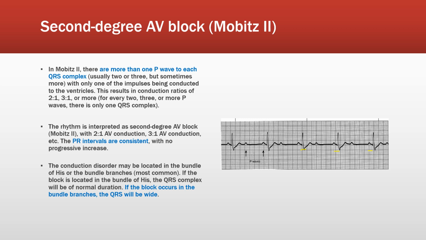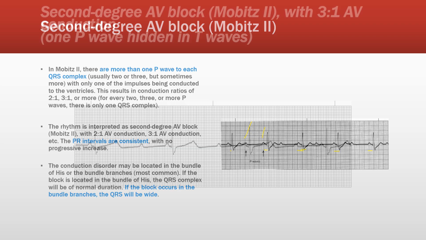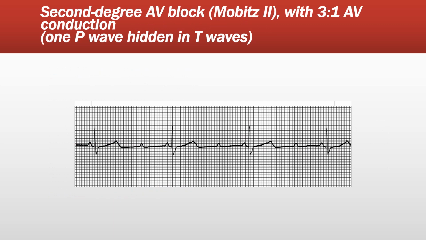So again, I just want you to look at that. So you see your P waves, right? But your PR interval stays the same. So second degree Mobitz 2, you have more P waves for every QRS, but your PR interval stays the same. Example. So again, we have our P waves.